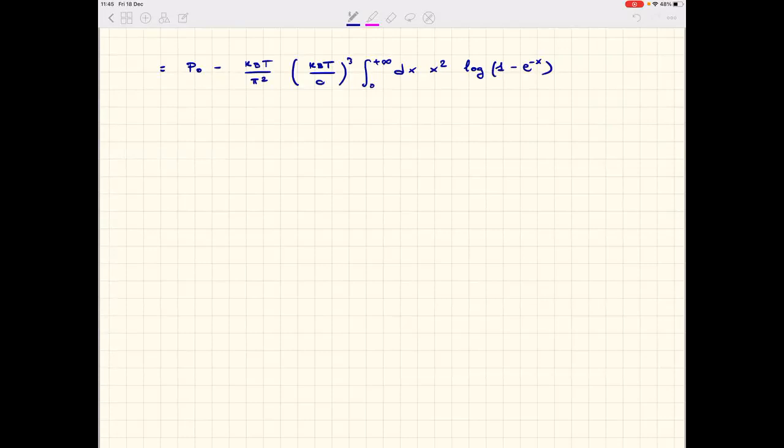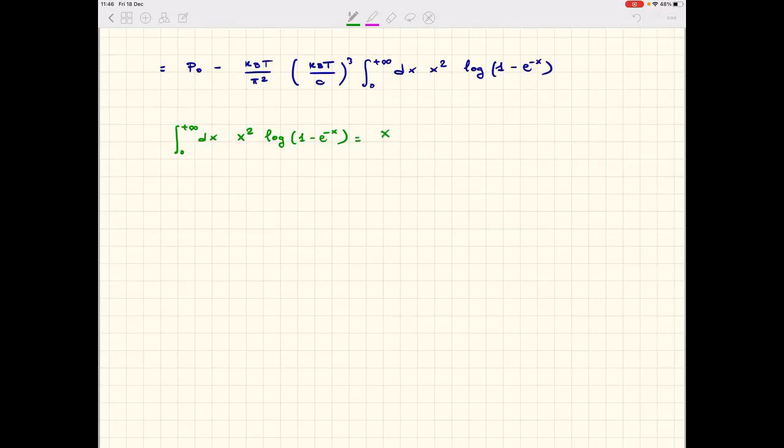Now, this integral can be done by parts. So it's the integral between 0 and plus infinity dx x squared log of 1 minus e to the minus x.